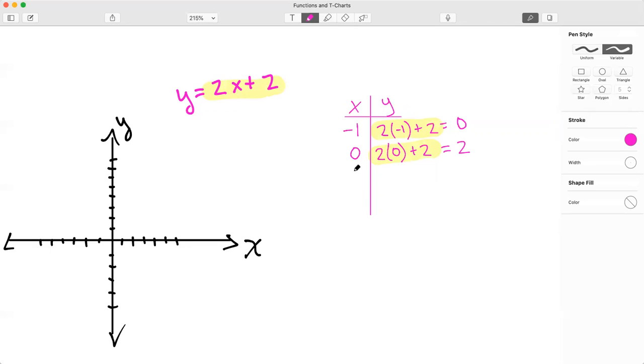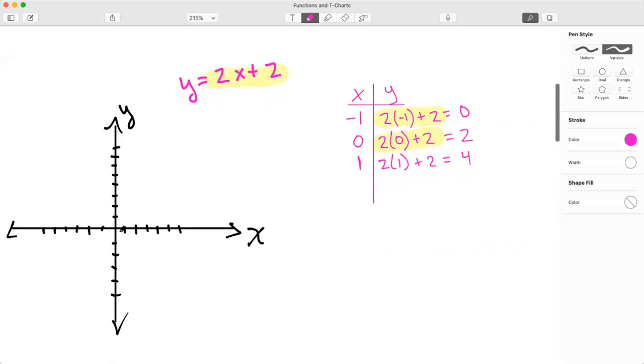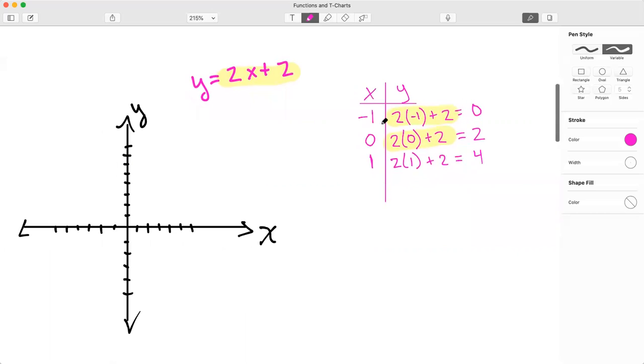How about if I input 1? You plug in 1 where the x is, then plus the 2, so 2 plus 2 is 4. Picking -1, 0, and 1 are really good, solid inputs for x. Then solving for y with each of those inputs and making a table really helps. This is called a T-chart.